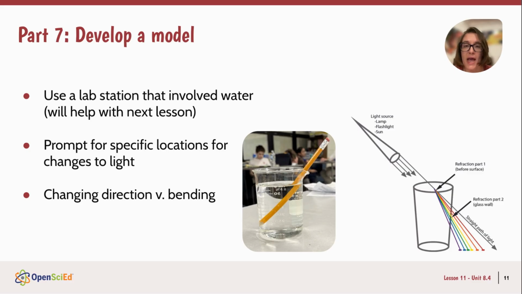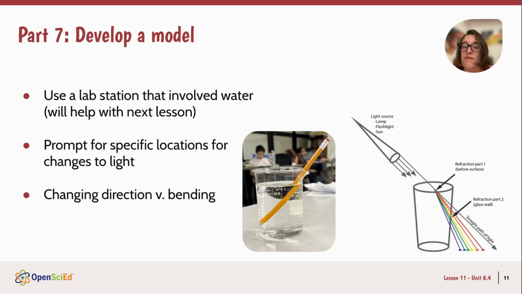Something that I found really helpful before we start modeling is talking about what happens when you place a pencil in a beaker of water. You see that the pencil looks like it's broken, it's shifted over, and we can talk about what's happening to the light at different spots, such as before it hits the water, after it hits the water, things like that.